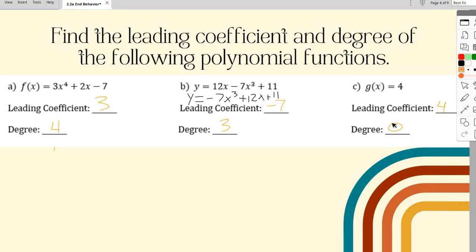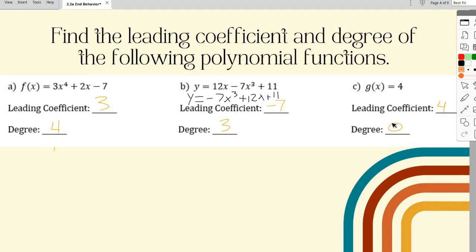Like 4 divided by 2 is 2, I don't have a remainder. 5 divided by 2 is 2, but I have a remainder of 1, yes? 0 divided by 2 is 0. Do I have a remainder? No. So 0 is an even number. So that means that all of our constants are even functions. Does that kind of make sense? A little bit of thinking for us on the Monday.